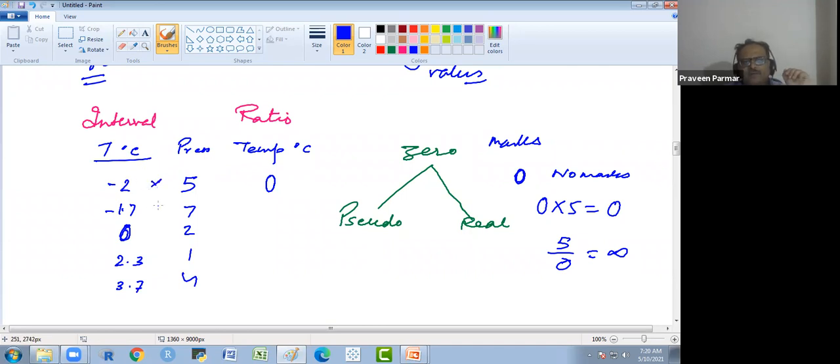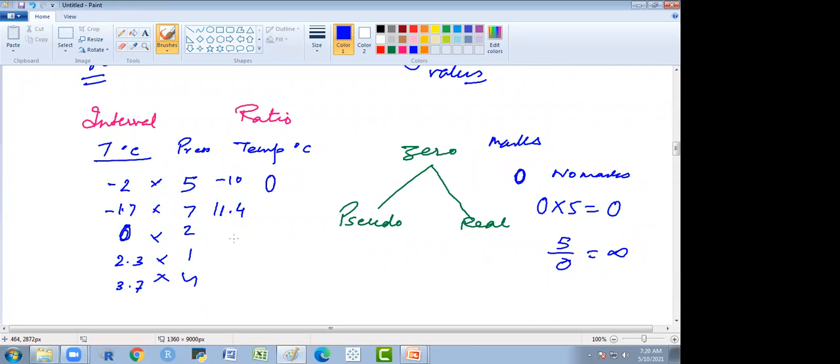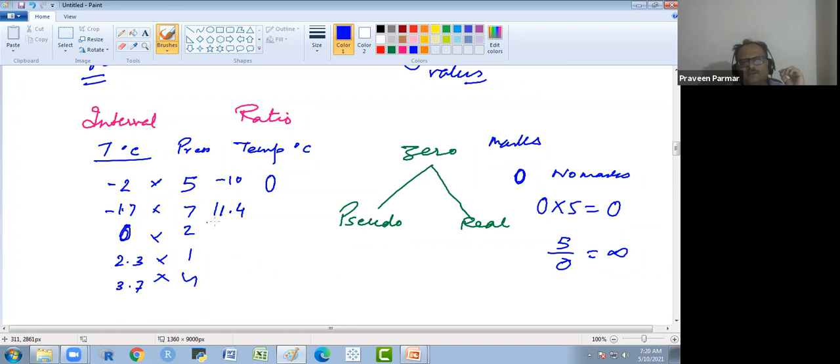So suppose we are multiplying this. It is okay, it is -10. This is 7, 11.14, 11.9, 749.